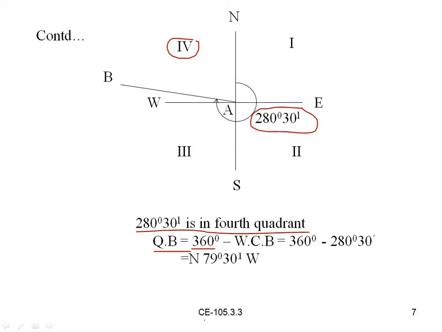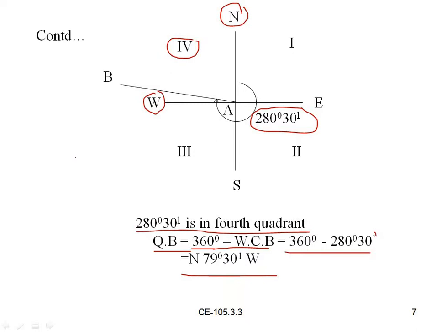Because it is nearer to the 360 degrees value, and as per the formula, 360 degrees minus 280 degrees 30 minutes gives north 79 degrees 30 minutes west. Why north and west again? Because it is between north and west.